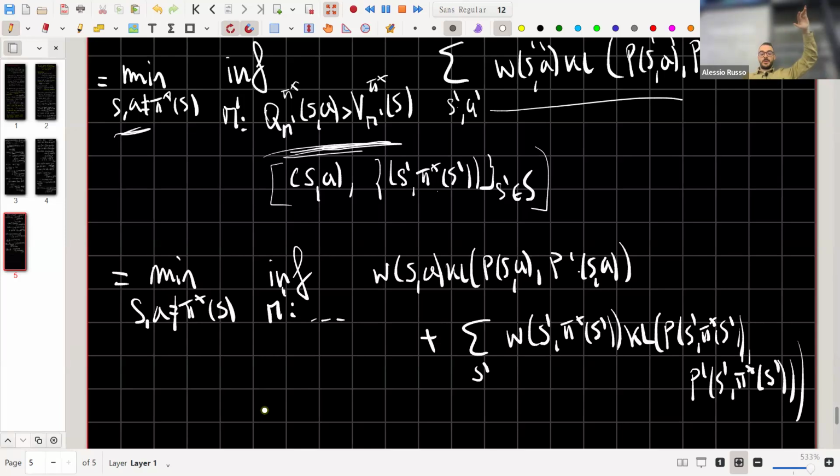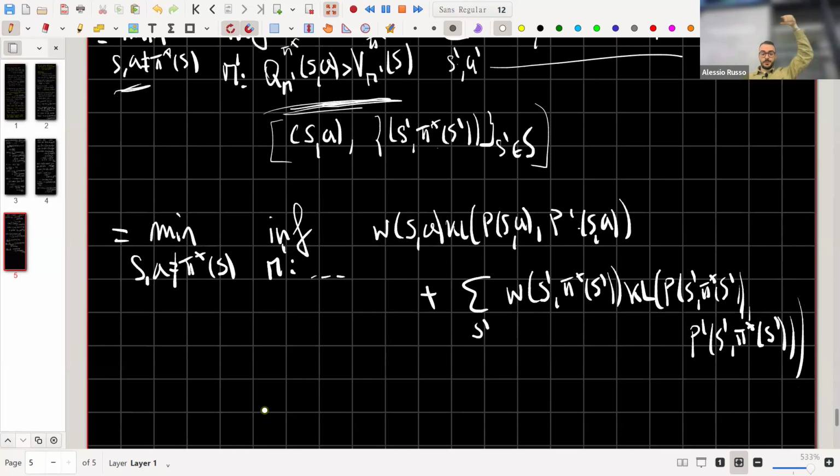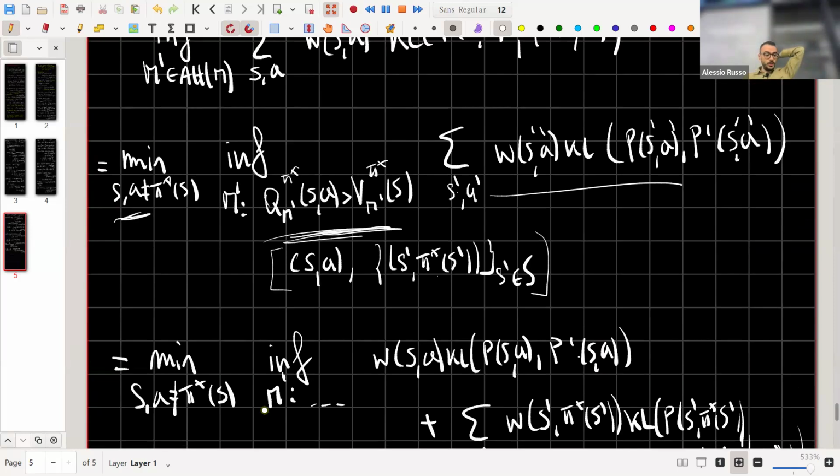So this is the first simplification. Now the next thing is to try to use the upper bound that we found on this condition here.